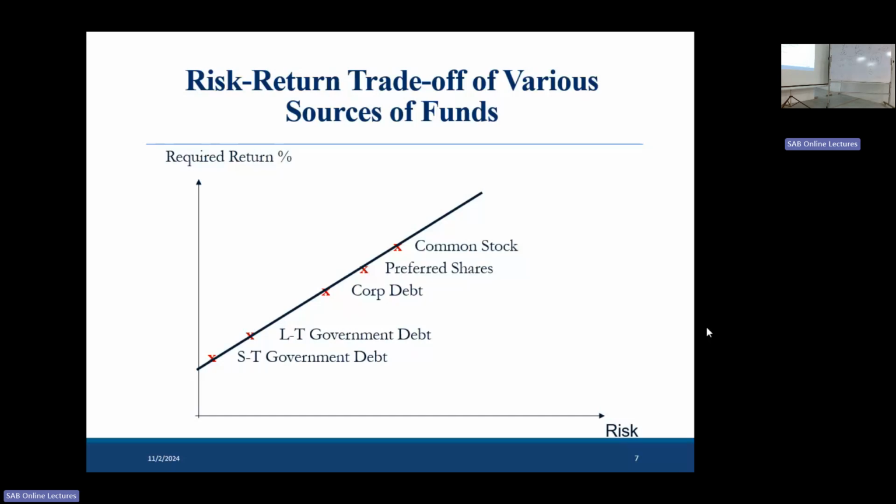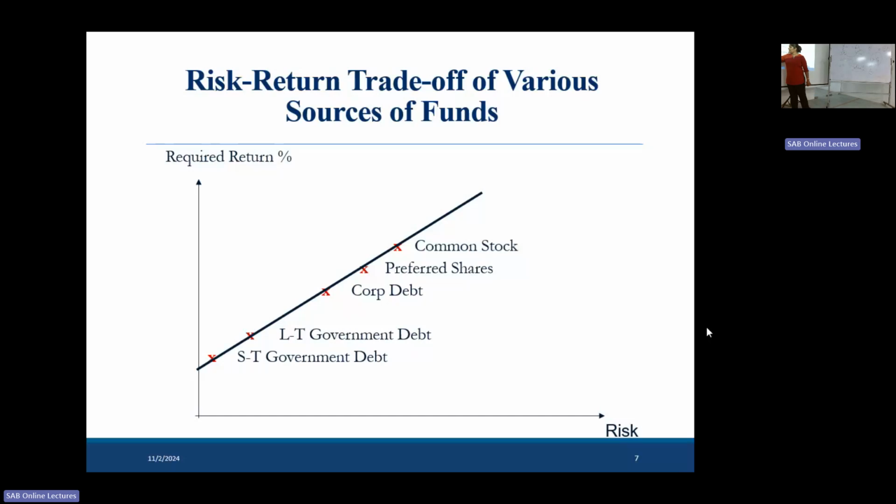Only the default risk, or credit risk, is free. But investment risk, market risk, foreign exchange rate risk, country risk, everything affects treasury bill and treasury bond investments also. So it is not going to zero here.